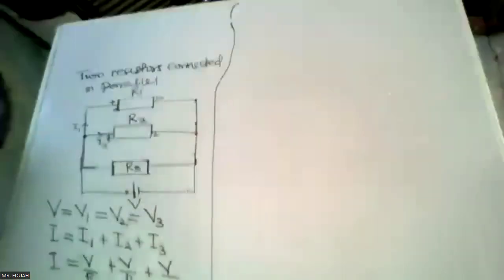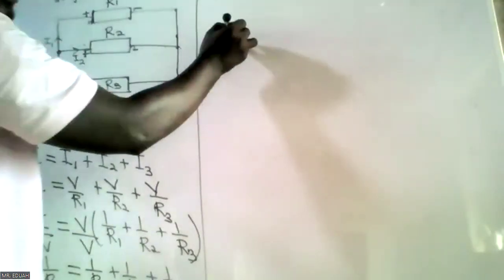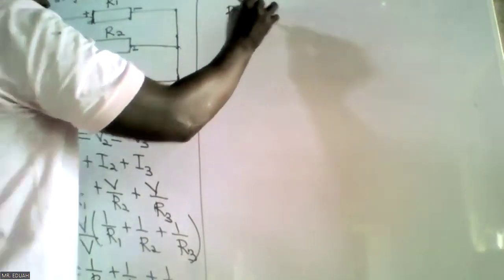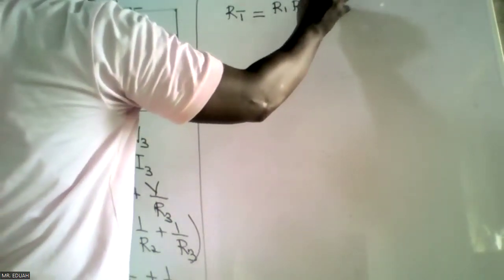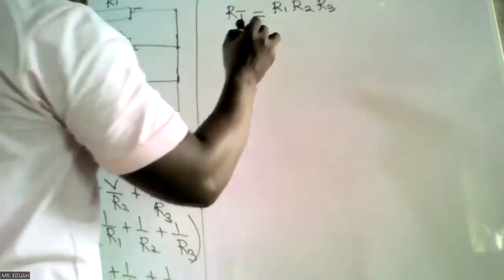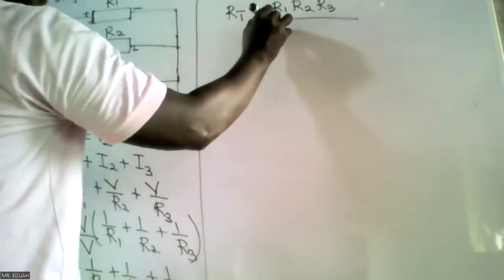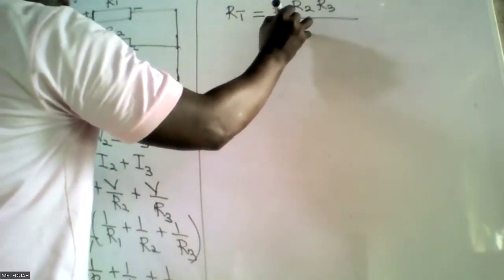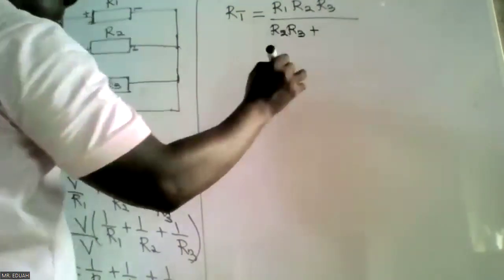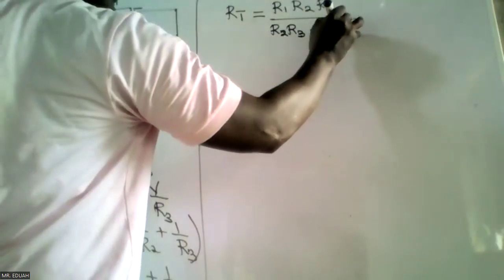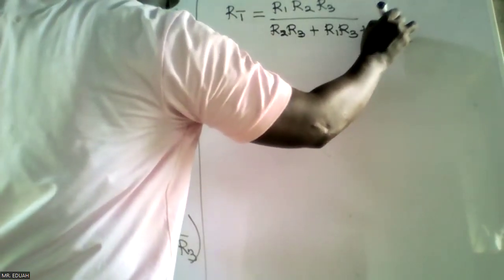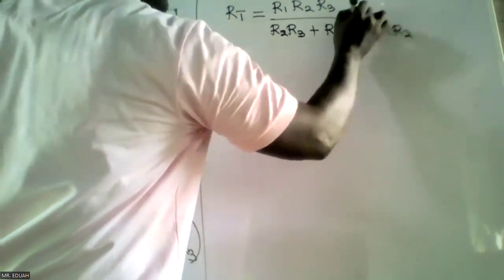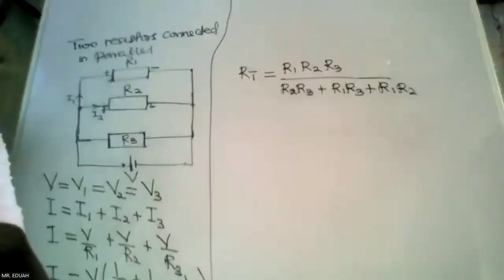Therefore, RT is equal to R1, R2, R3 over R2 times R3 plus R1 times R3 plus R1 times R2. This is the final result.